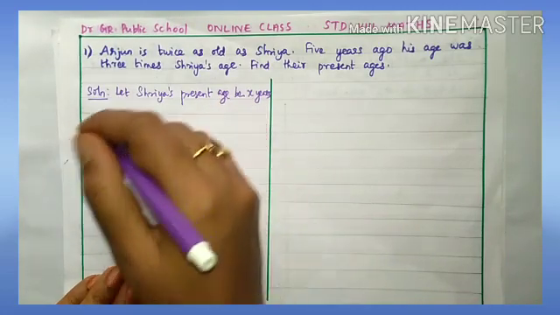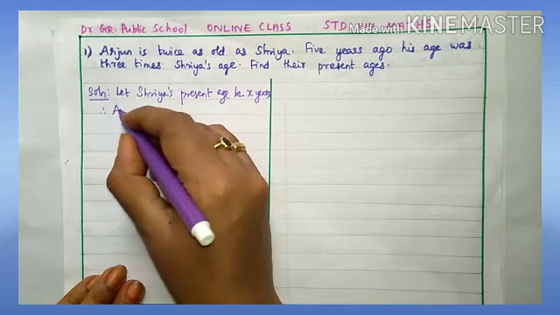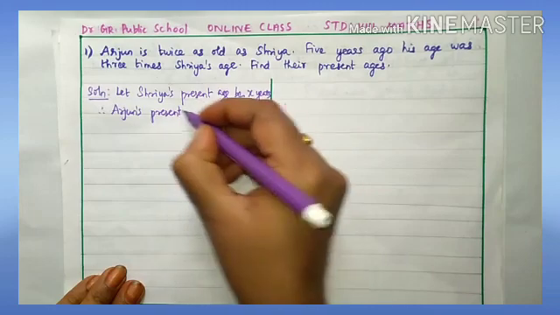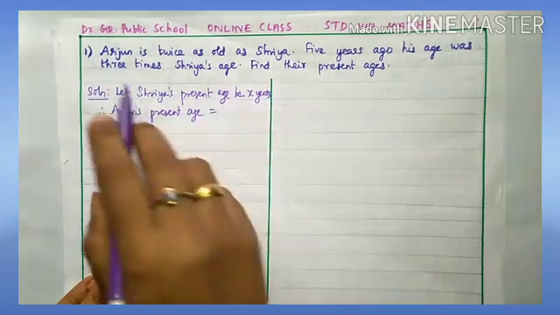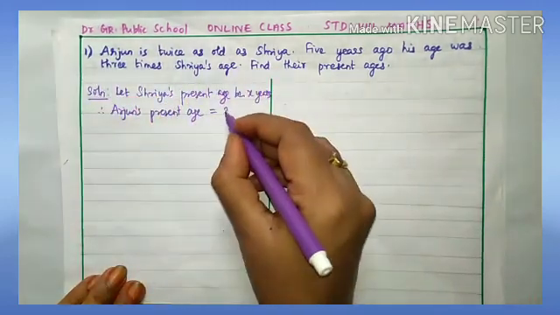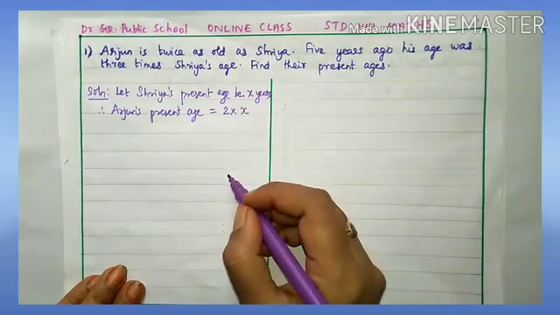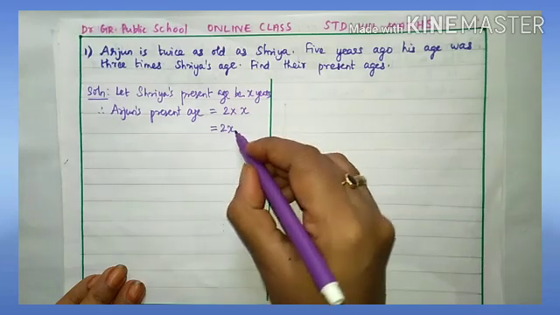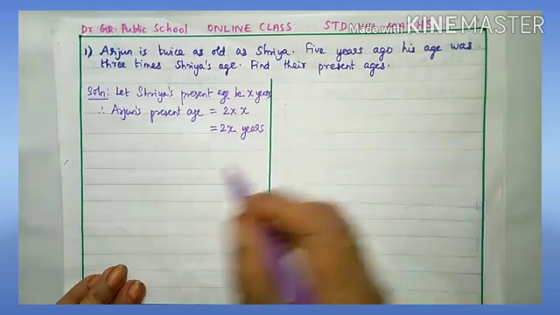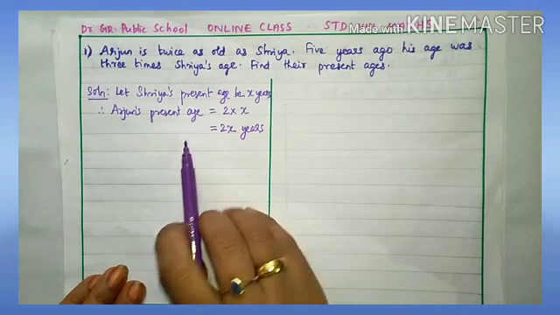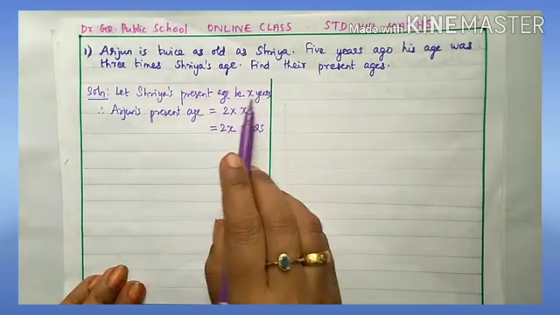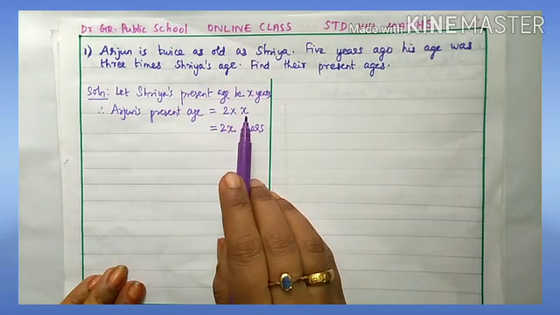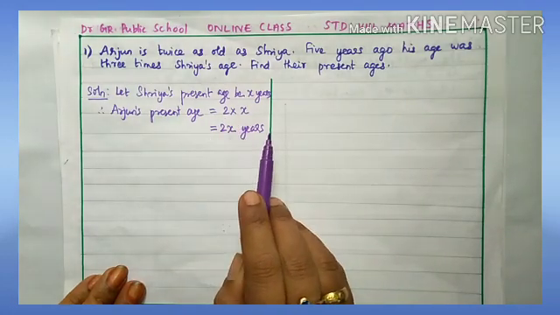Can you tell what is Arjun's present age? Therefore Arjun's present age equals, what is given? It is twice as old as Shreya. So it is 2 into x. Twice means you want to multiply by 2. What is 2 into x? 2x. So this is the first step we are writing in this problem. Shreya's present age be x years, then Arjun's present age is twice Shreya's age, that is 2x years.